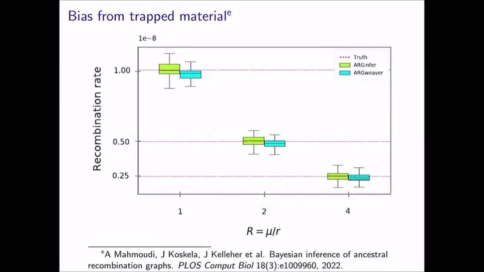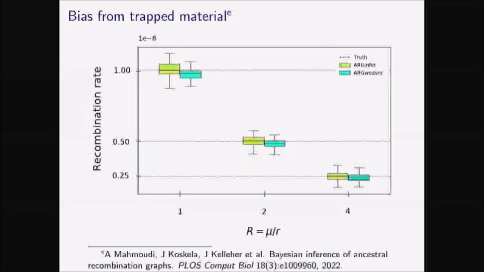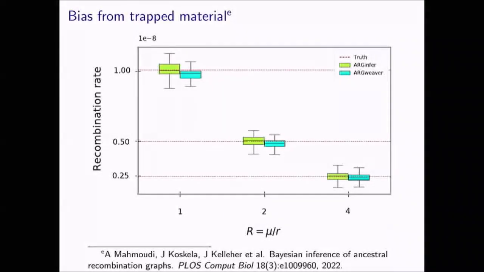It also manifests itself in that the same sort of discretization and non-ancestral trapped material errors manifest as biases in parameter estimation. So here we simulated a few scenarios with varying ratios of mutation and recombination rates. That's what this capital R is, the ratio of mutation rate to recombination rate.